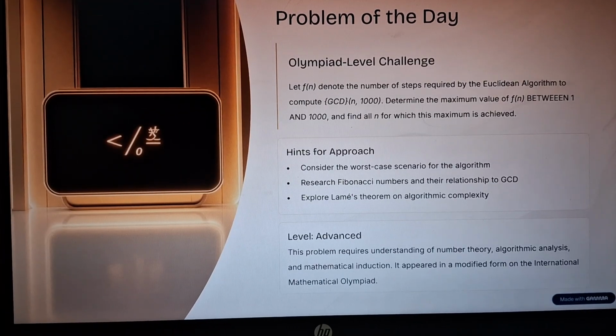If any of you already know this theorem, it might be very useful. I will create a video on Fibonacci and Lamé's theorem also. But for now, just think, and let me also think, because I have also not tried out this problem. I will let you know tomorrow whether I was successful in finding the solution or not.